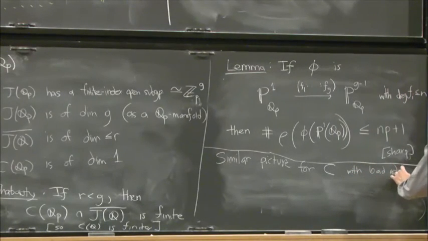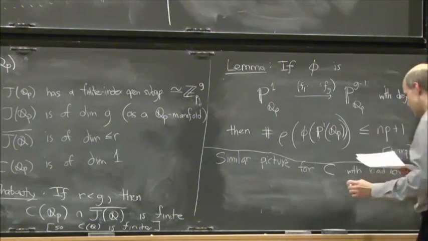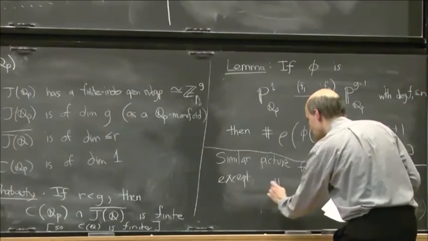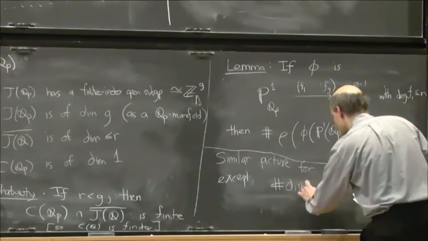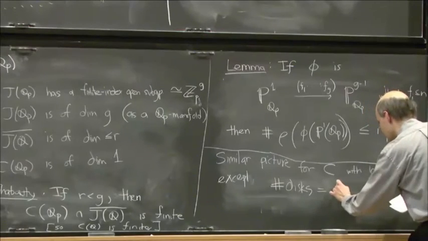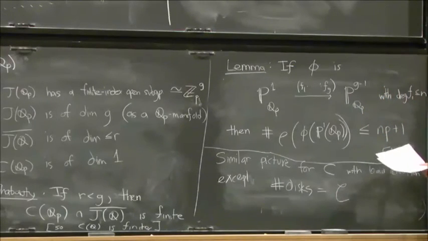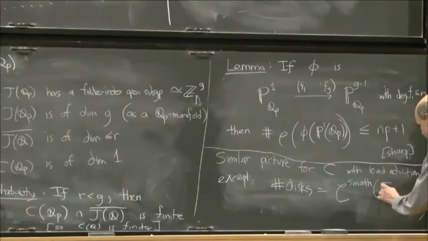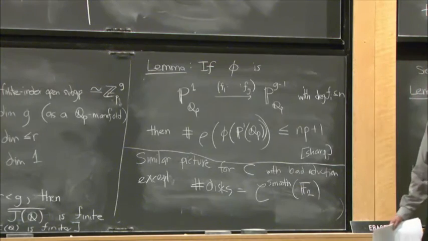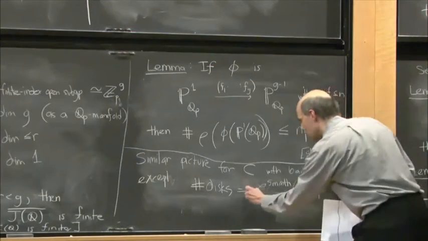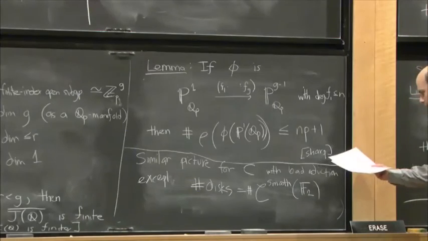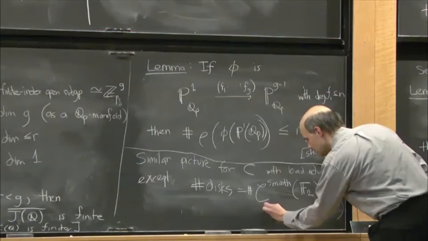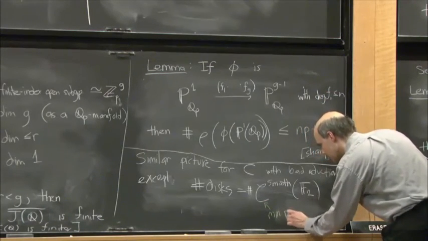You have one disk for each smooth point: if you choose a minimal proper regular model of the curve, look at the smooth locus and count the F_2 points, those are the residue disks that contain 2-adic points. We need to control this. So this C is this minimal proper regular model.